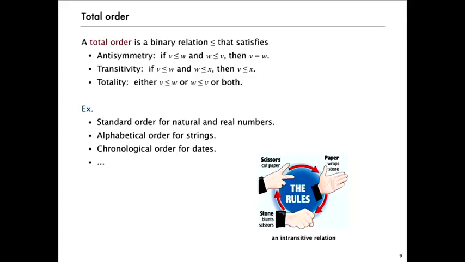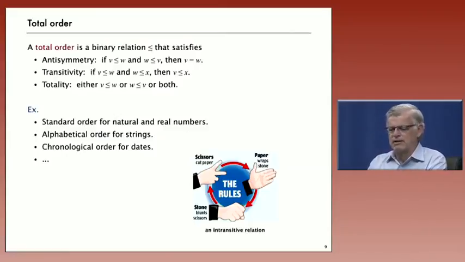The first one says that if V is less than or equal to W and W is less than or equal to V, then the only way for that to be true is if they're equal. Then there's transitivity. If V is less than or equal to W and W is less than or equal to X, then V must be less than or equal to X. And totality is that either V is less than or equal to W or W is less than or equal to V, or both, if they're equal.